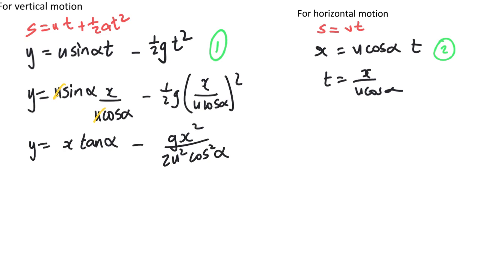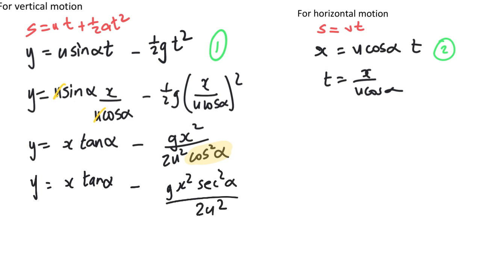Now we can see we've got an over cos squared. Now 1 over cos squared is sec squared. So we can rewrite this as y equals x tan alpha minus gx squared sec squared alpha over 2u squared.